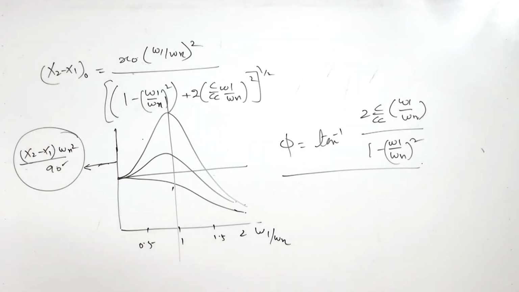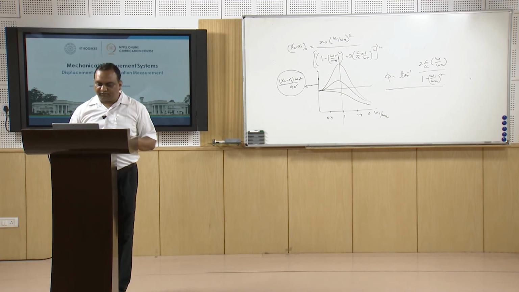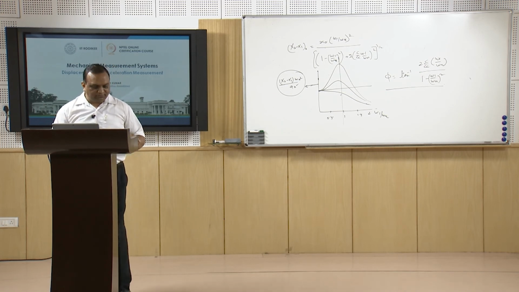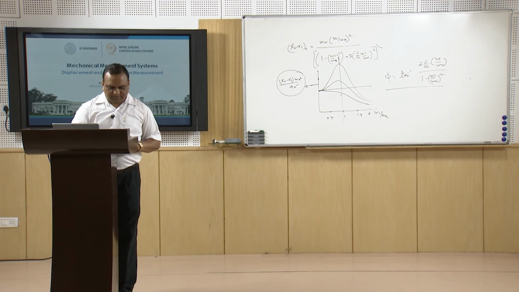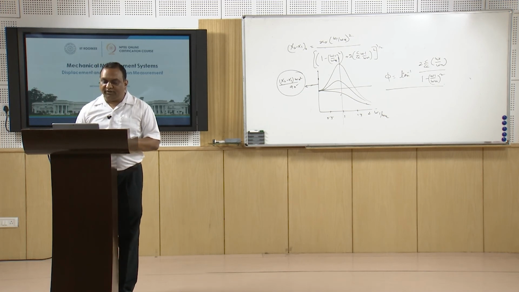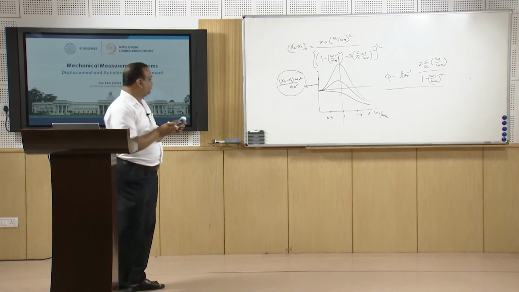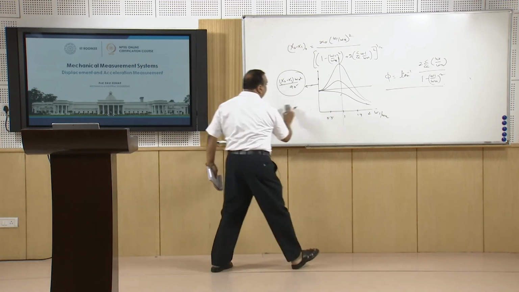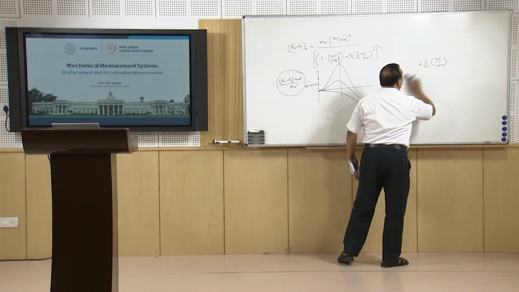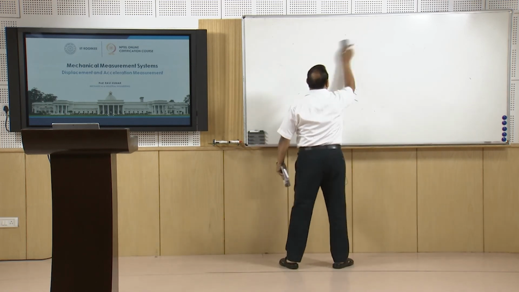I will take one numerical, then it will make clear how acceleration is measured with the help of these types of instruments. A seismic instrument is to be used for the measurement of linear acceleration. It has natural frequency omega n equal to 100 radians per second.